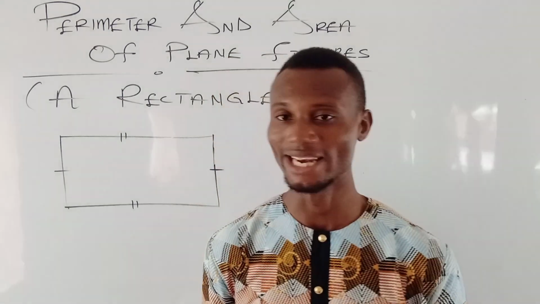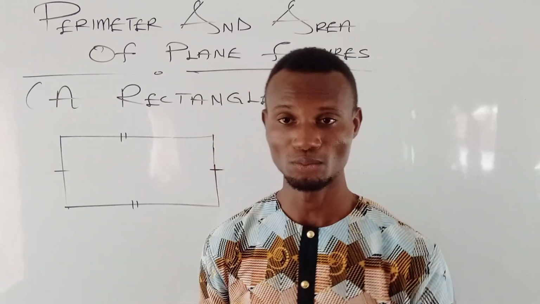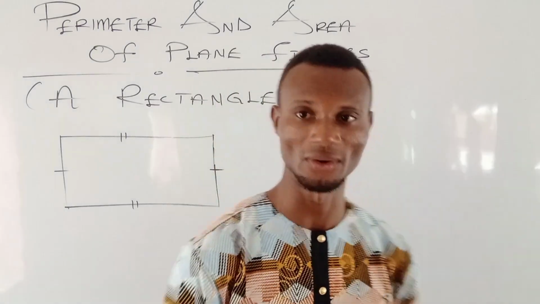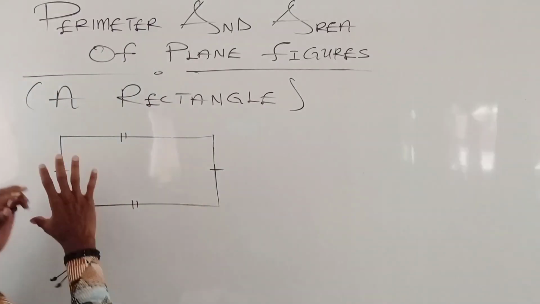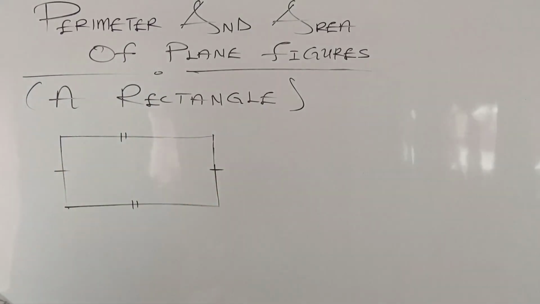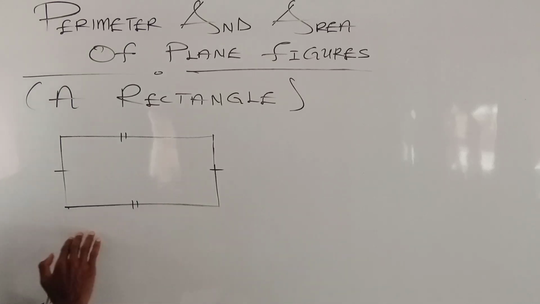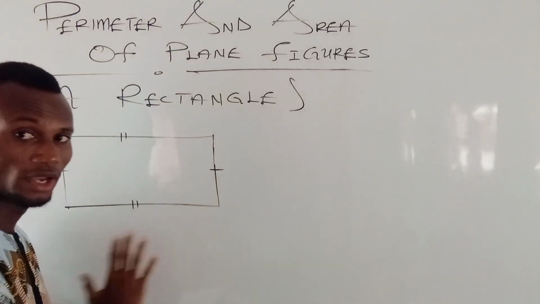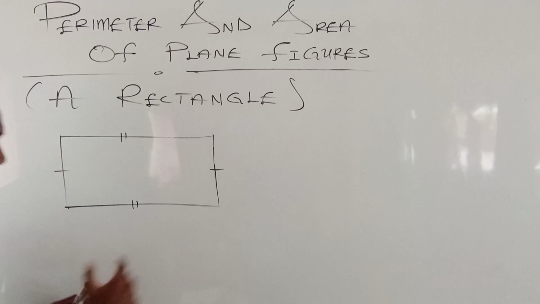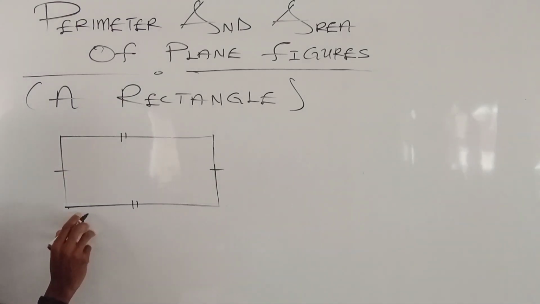Now let me go ahead and do some more explanation on the rectangle. This is a rectangle, as you know. This side of the rectangle is referred to as the length of the rectangle. So let me write my length there.